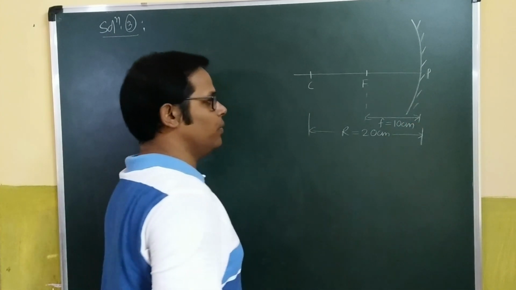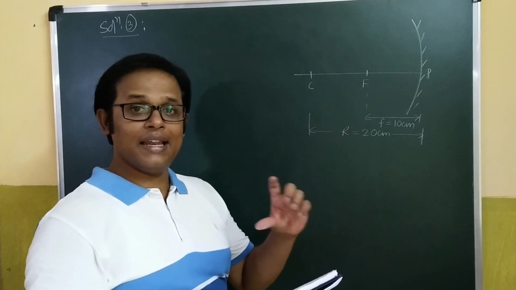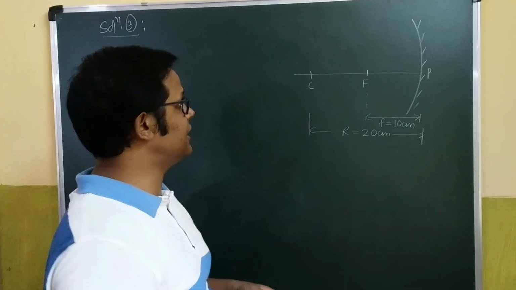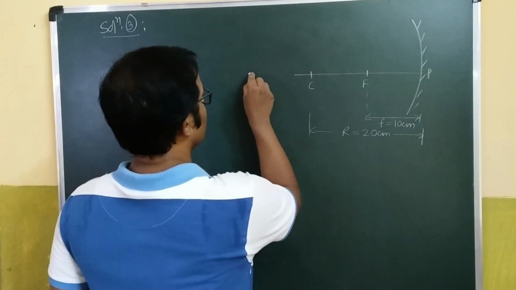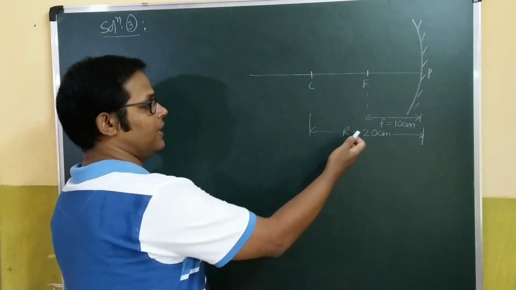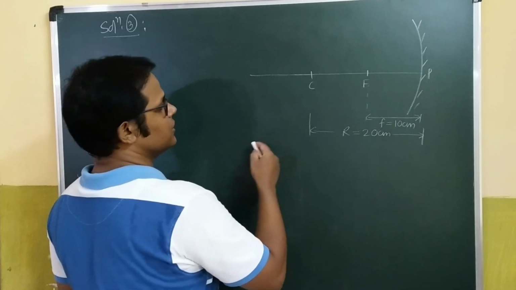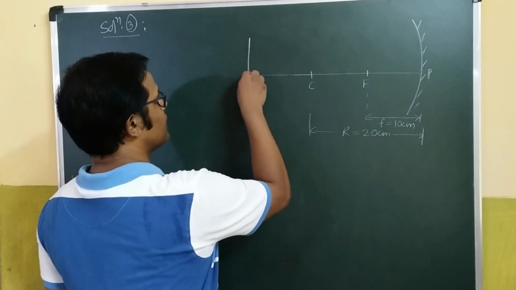A U-shaped wire, which is shown in the diagram, with the length of each side equal to 10 centimeters, is placed at 30 centimeters. Okay, so it means that the object is placed beyond the center of curvature, another extra 30 there. So let us show it something like this.